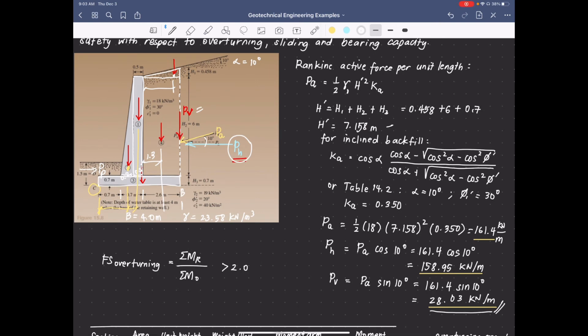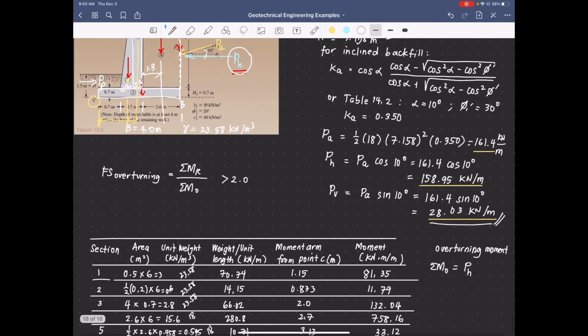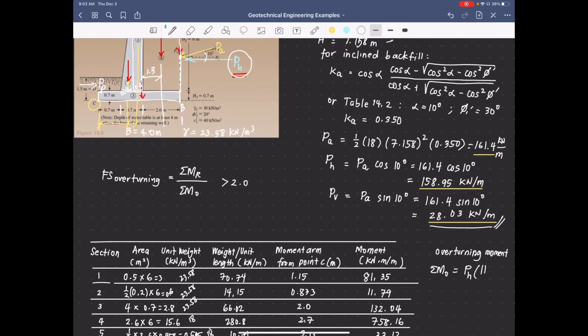So the total force is acting upon the whole length here, divided by 3. So this is H prime divided by 3.